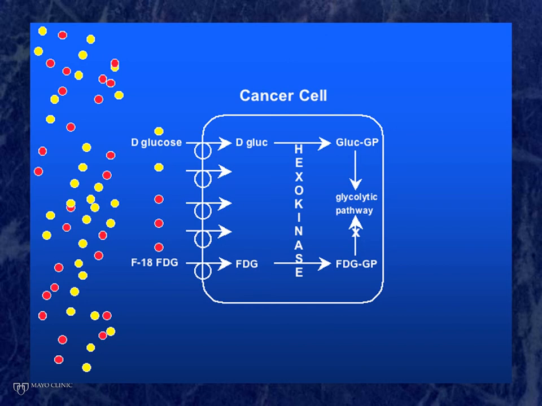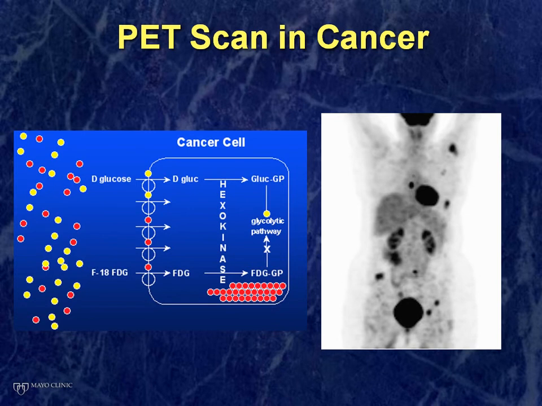It pumps in and builds up because it can't be broken down, since it's a little bit different. And so we're able to see the foci of cancer in and amongst the normal tissues, which when we're resting are pretty much quiet.